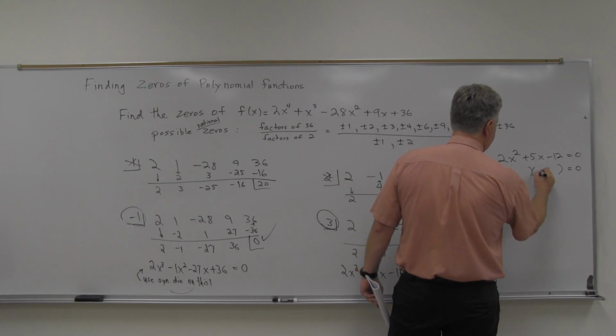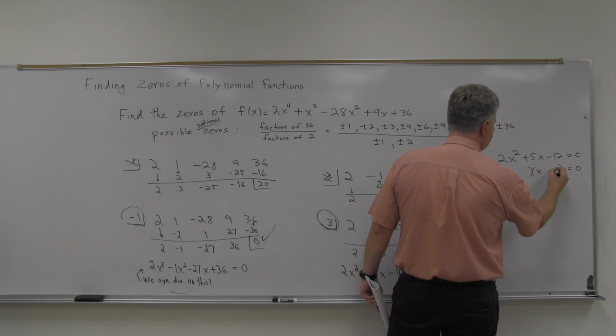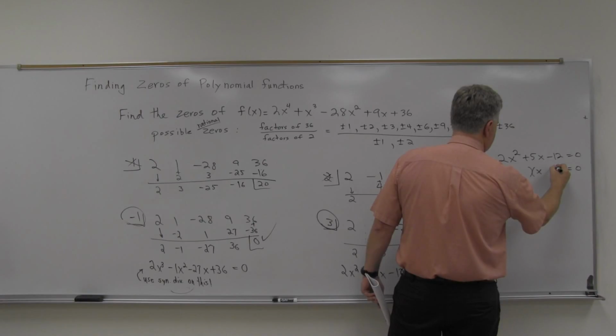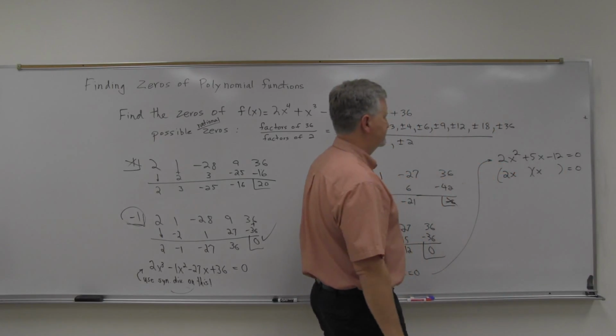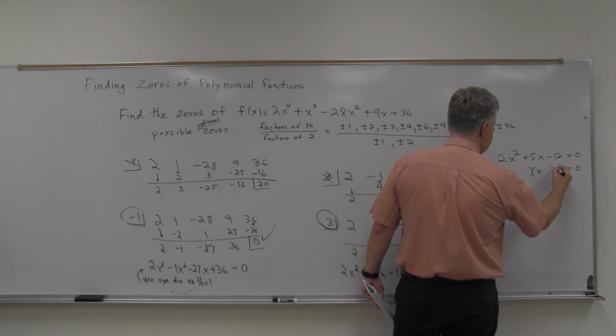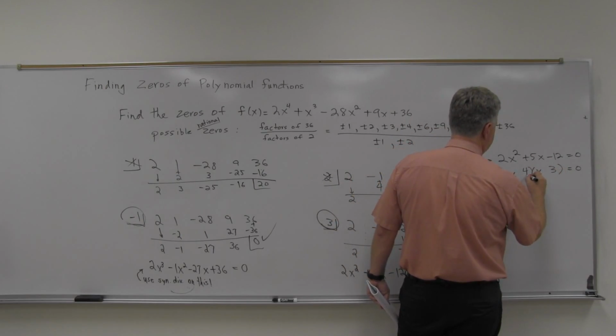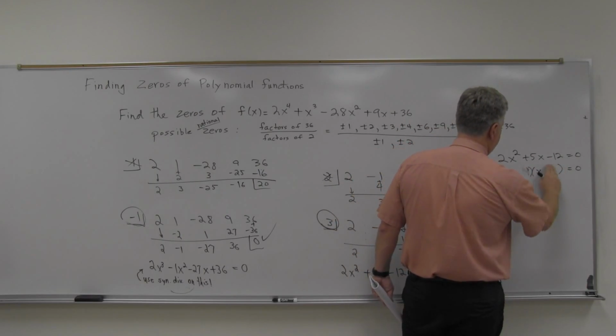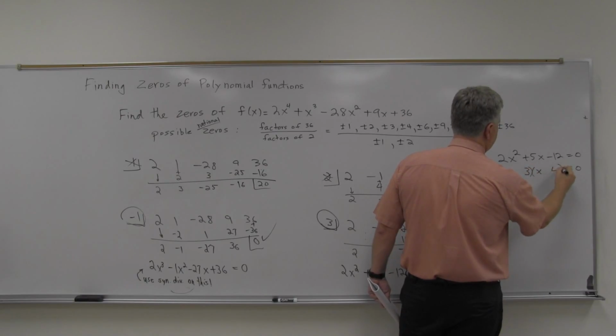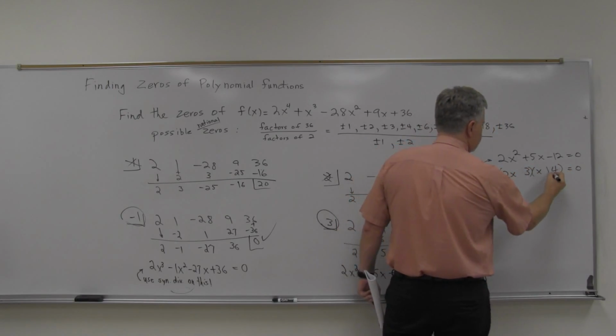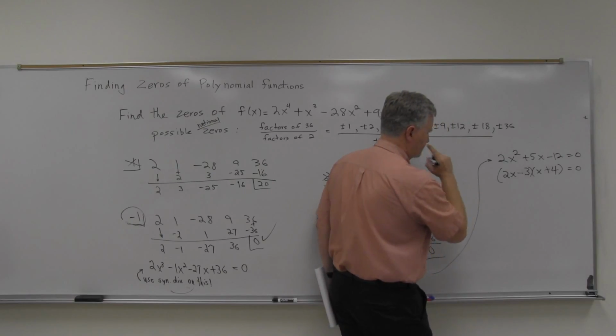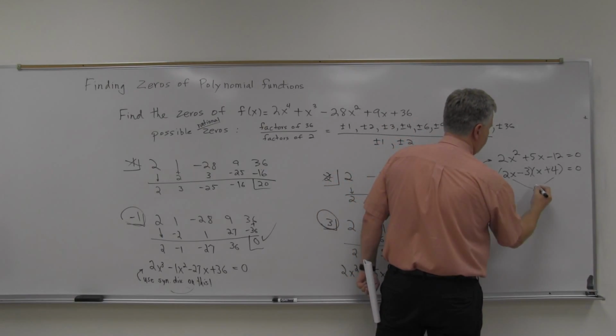So it'll be 2x and x, 3 and 4, 6 and 2. I think 3 and 4, isn't it? 4 here and 3 there. Okay. Plus 4, minus 3. It's 8x and minus 3x.